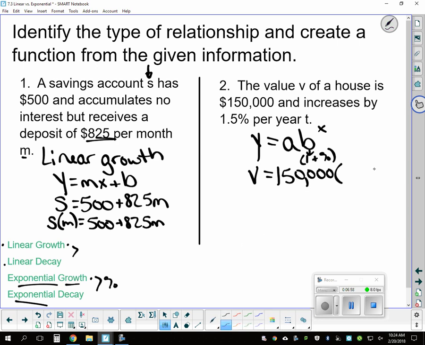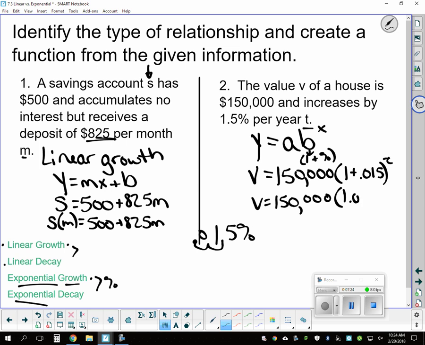So times 1 plus, well, 1.5% as a decimal, you've got to move your decimal 2 spots to the left to turn something from a percent into a decimal. So 0.015, and we're not to the x anymore, we're to the t, which stands for years. If you want to write this as 1.015, you may do that. Clean it up one more time. I wouldn't take off if you didn't do that, but you certainly can.